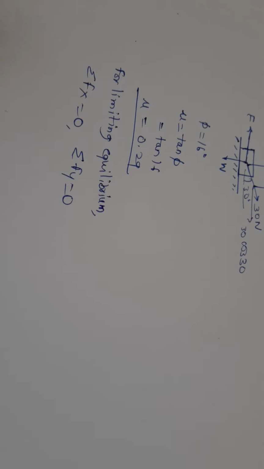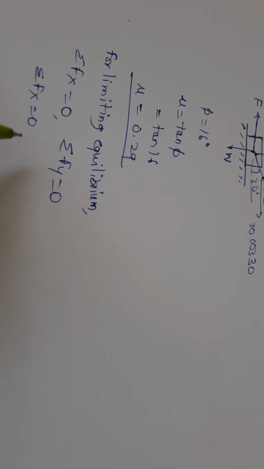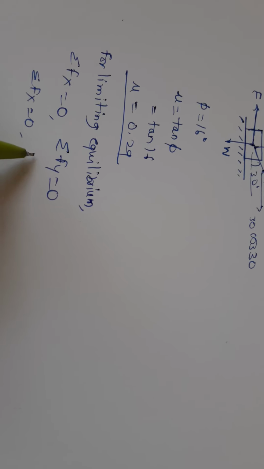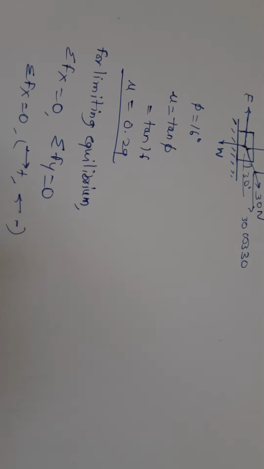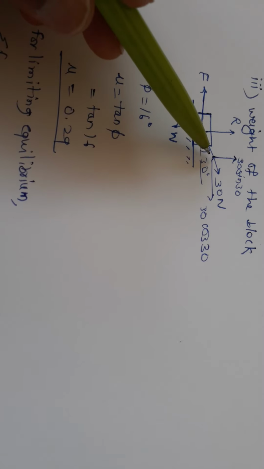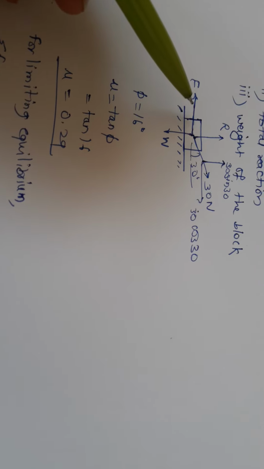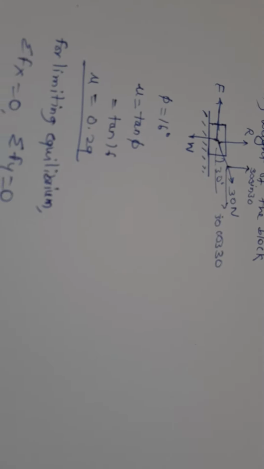So in the x direction, now the forces acting in x direction, we can take summation of forces in x direction as 0, forward force as positive, backward as negative as per sign convention. The forces acting in x direction are this component of 30 Newton, 30 cos 30, thereafter F. So these two forces will act in the x direction.